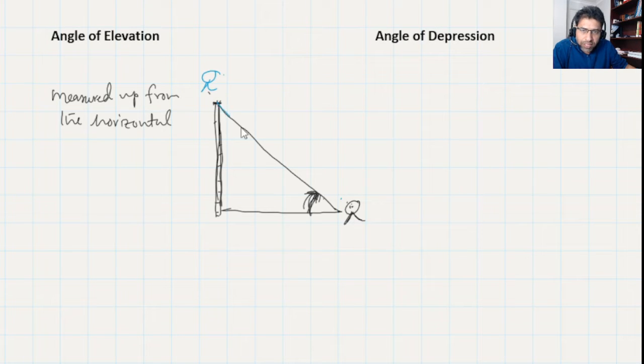In that case the vision is in that direction. So again the angle will be at the observer, but with the horizontal line. In this case, that is the horizontal line, and the angle will be measured down from the horizontal line. So always the angle would be from the horizontal line.